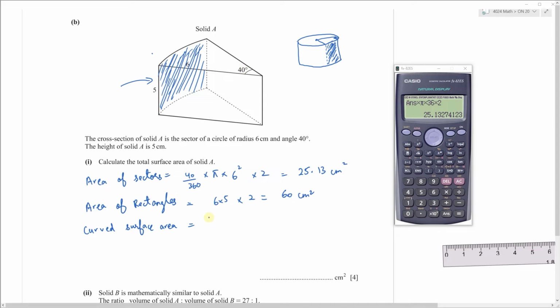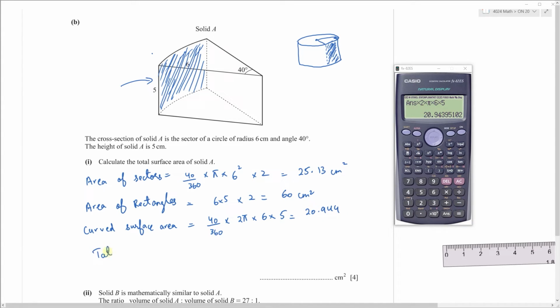It will be 40 over 360 times 2 pi r h, which is the formula for the curved surface area. Radius r is 6 here, and the height is 5. So this is 20.944.